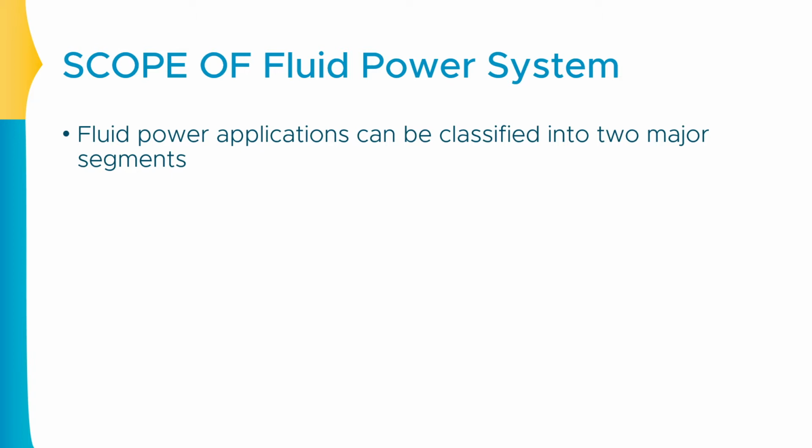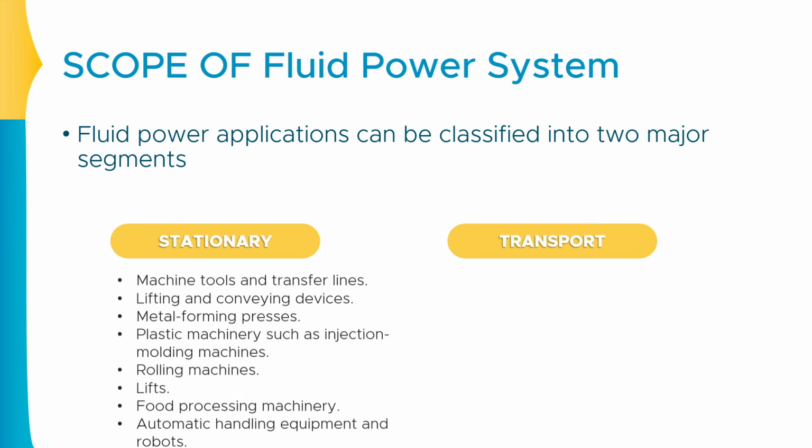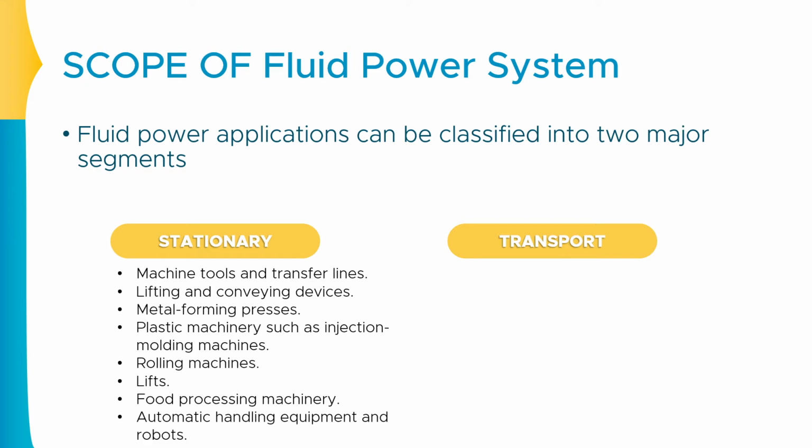Now when we talk about the basic applications, or say scopes, of fluid power systems, they basically fall in two specific categories. The very first category is the stationary category, and the second is the transport category. Examples of the stationary category are machine tools and transportation lines, lifting and conveying machines, metal formation, plastic machineries, rolling machines, lifts, food processing systems, and automatic handling equipment.